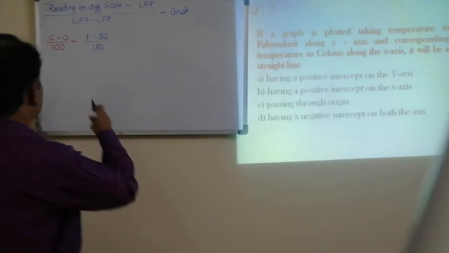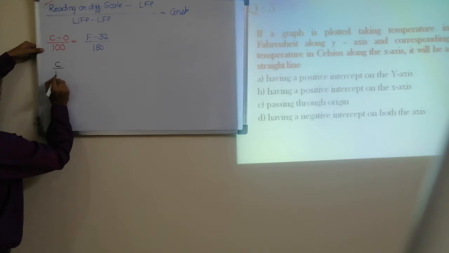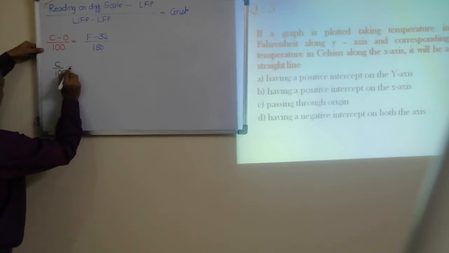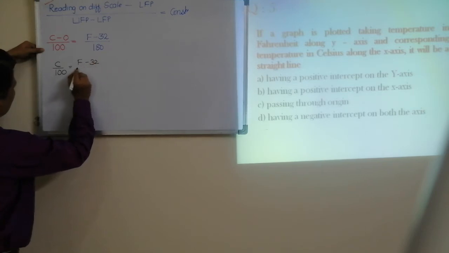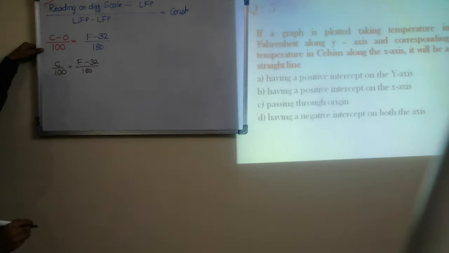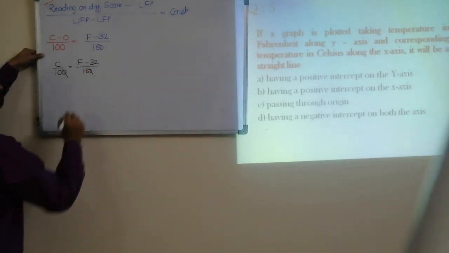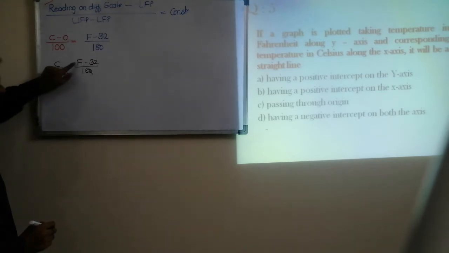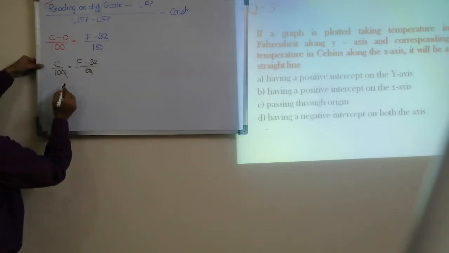They are asking for the graph of the Fahrenheit scale and the degree Celsius scale. So take the relation C by 100 is equal to (F minus 32) by 180. This F is along the y-axis, so take F this side and others on the other side.